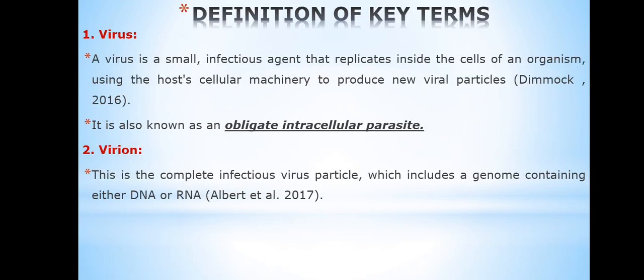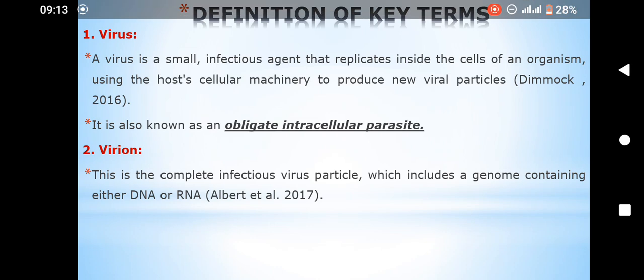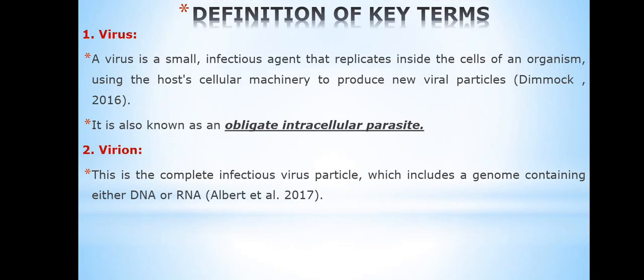Now, let's start with the first objective, and that is defining the terms that are used in the description of these viruses. So the first term is the virus itself. What is a virus? A virus is a small infectious agent that replicates inside the host of an organism using the host cellular machinery to reproduce new viral particles.